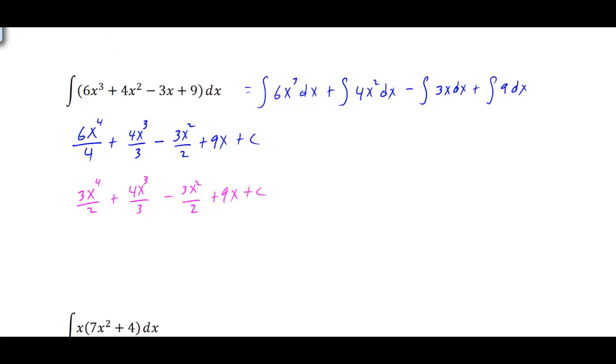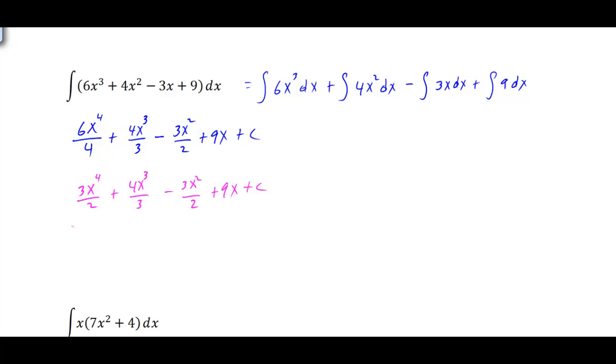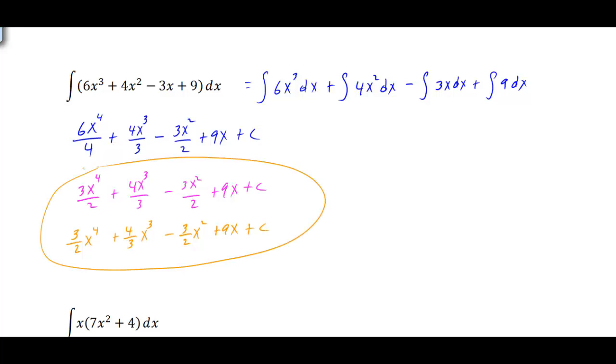Now I do want to mention an alternate way of writing this. Hopefully you know this is the same. We could always write 3/2 times x to the 4th plus 4/3 x cubed minus 3/2 x squared plus 9x plus c. So either one of these would be correct.